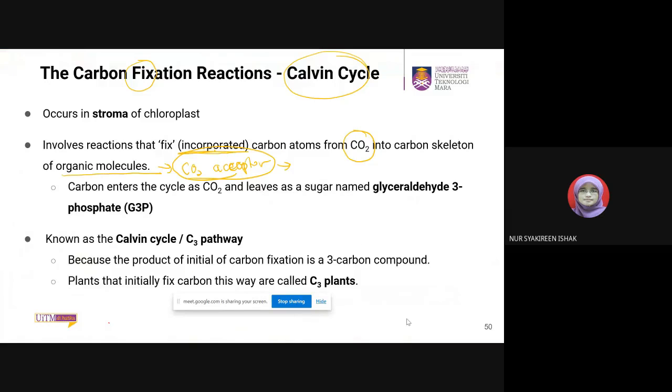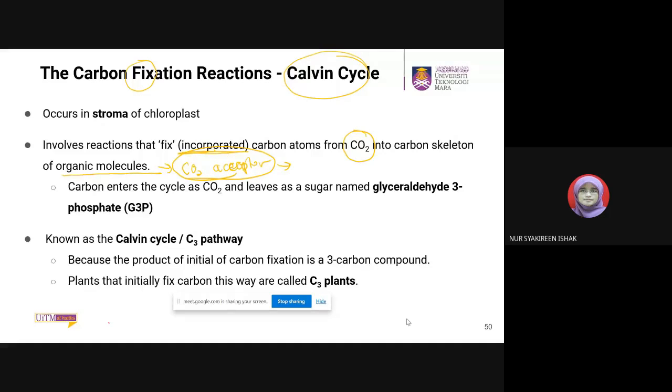Okay. Dark reaction ni juga dikenali sebagai Calvin cycle. Walaupun dia dinamakan sebagai dark reaction, awak kena ingat Calvin cycle ni perlu berlaku pada waktu siang. Sebab apa? Calvin cycle perlukan products of light reaction. Calvin cycle requires ATP and also NADPH which is produced during daylight. Sebab daylight diperlukan oleh light reaction untuk hasilkan ATP dan juga NADPH.